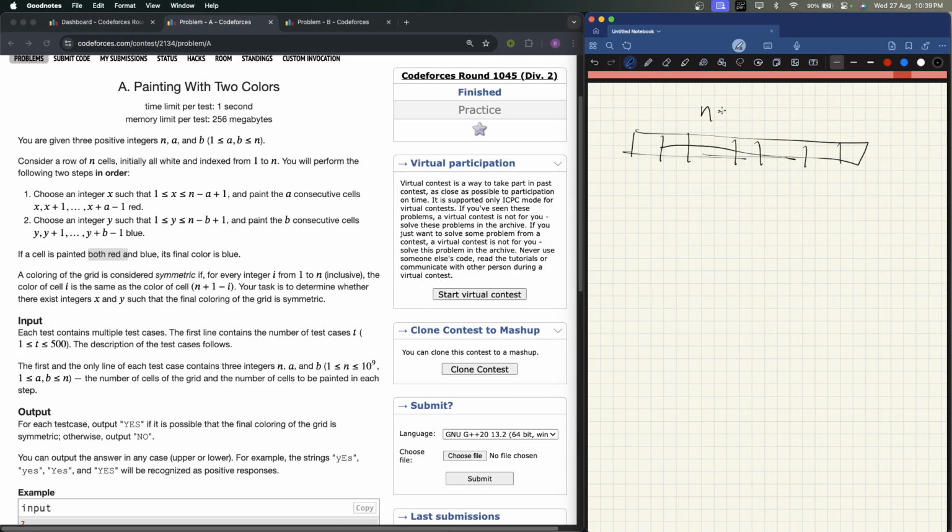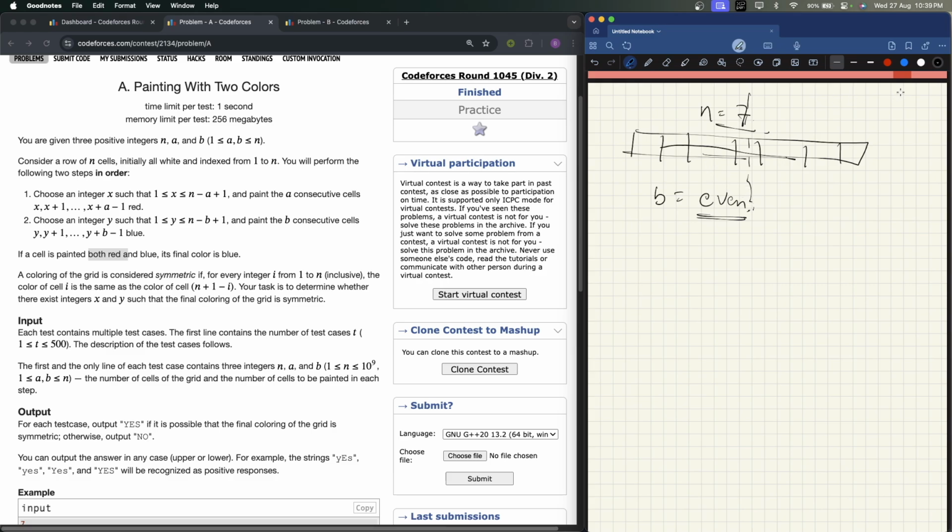1 2 3 4 5 6 7, and n is equal to 7 here. Let's see, for this odd length, if we have some given b which is of even size, then for the symmetry we have to take this midpoint.